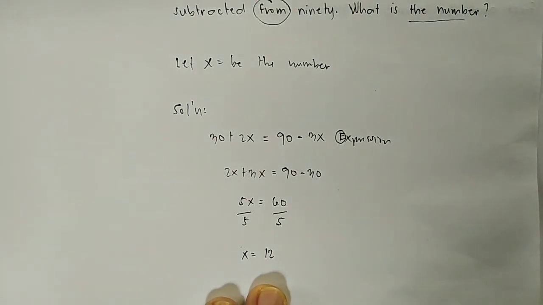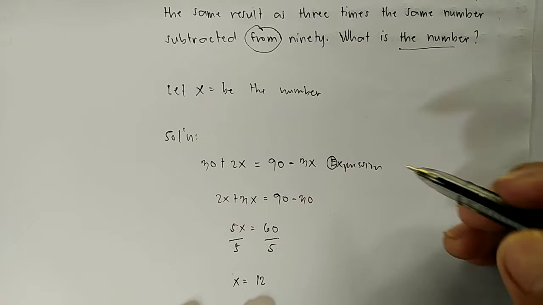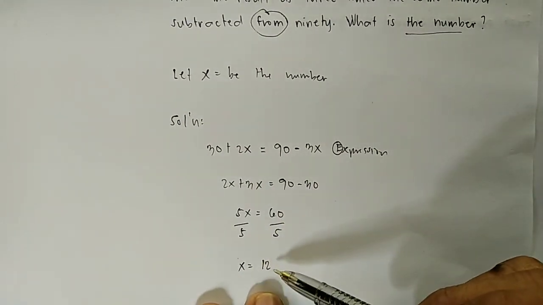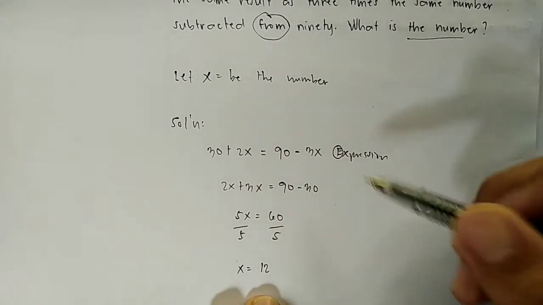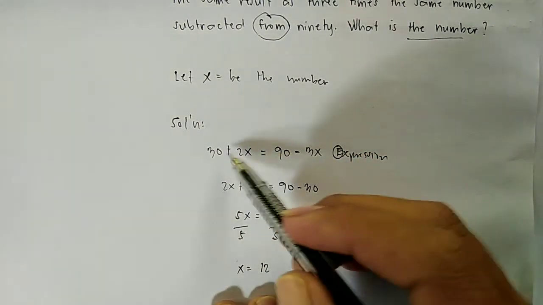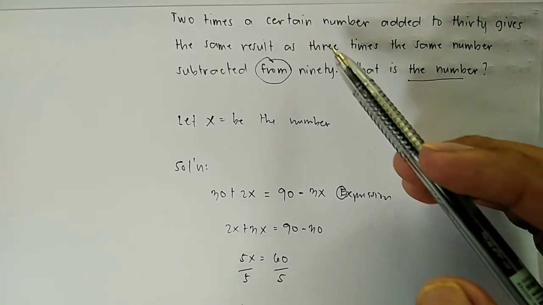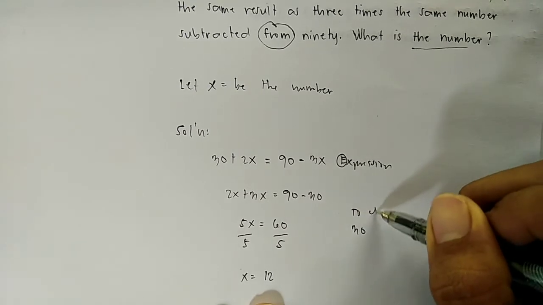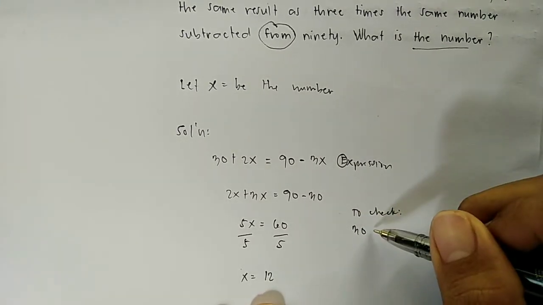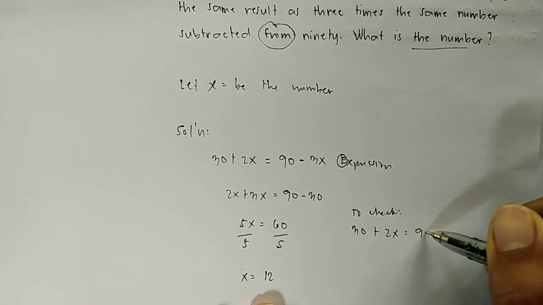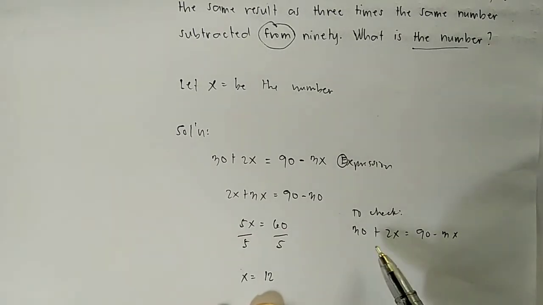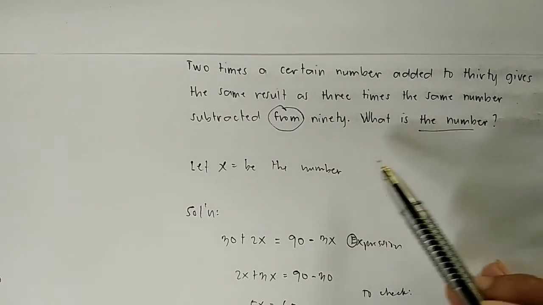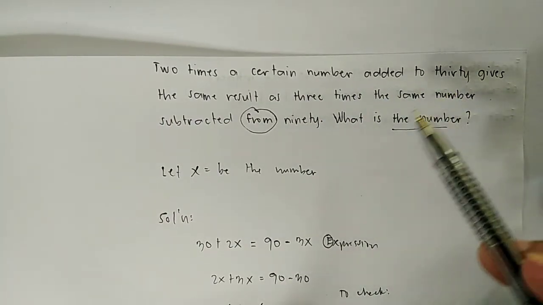Now to check this, we substitute the value of x, which is 12, into the first expression that we formulated from the statement given in the problem. Let me write again the expression that we formulated earlier. The left side must be equal to the right side, because that is what is stated in the problem.